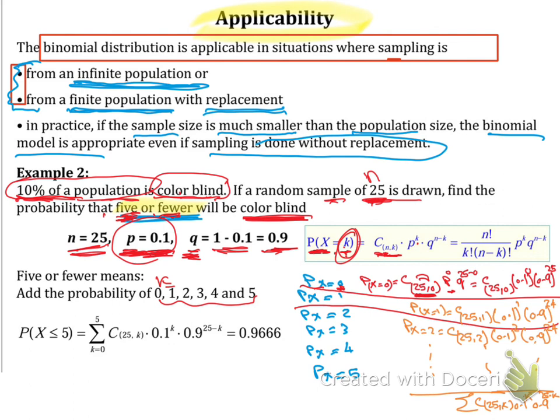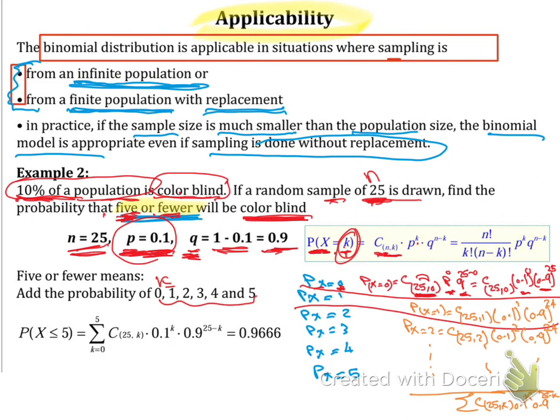Then I just replace p by 0.1 and q by 0.9 and calculate on the calculator. You have the combination button, which is shift and the division sign on the calculator. You can get it directly, okay. No need to write n factorial divided by n minus k factorial.